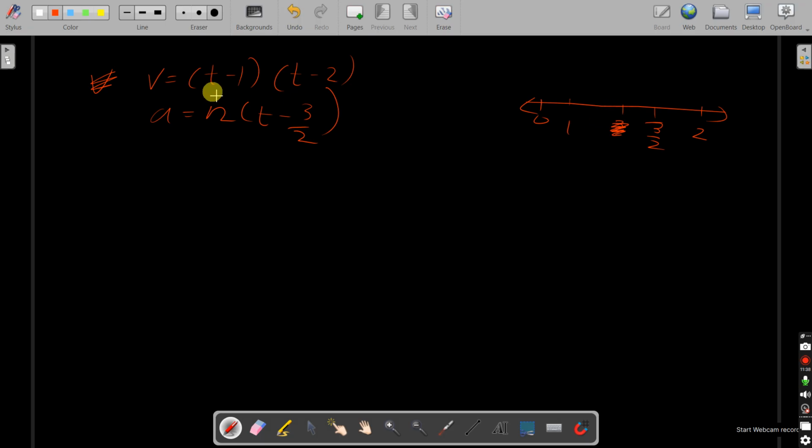If t is less than 1, then this will be negative, this also will be negative, so this becomes positive.